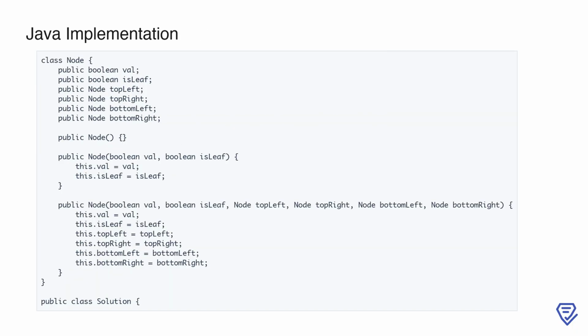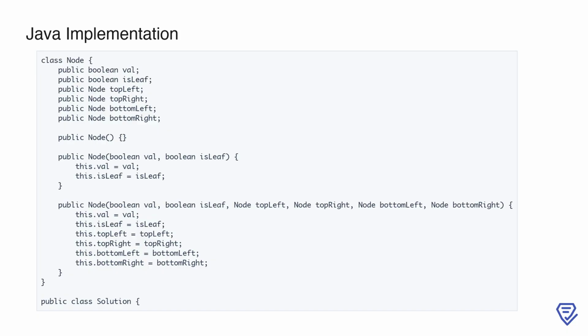Here, we begin by defining the node class, which represents the structure of each node in our quad tree. Each node has 2 main properties, val, which indicates the value of the node, and isLeaf, which tells us whether the node is a leaf node or not. Additionally, it contains 4 references, top left, top right, bottom left, and bottom right, which point to the child nodes of the current node. We provide 3 constructors for flexibility.